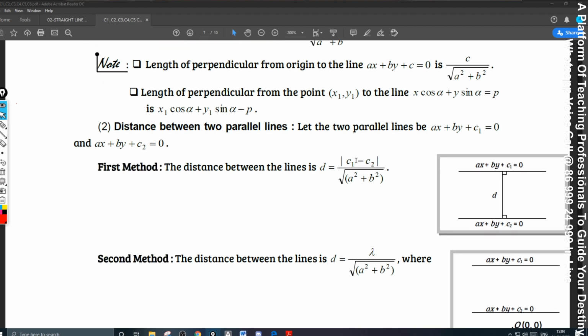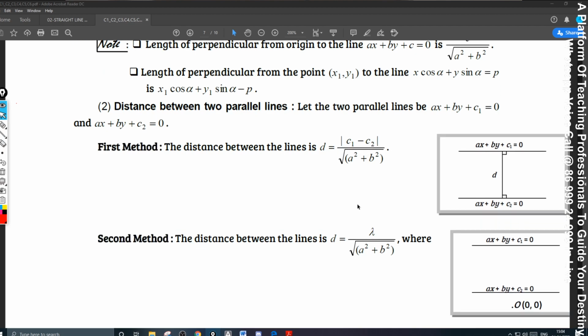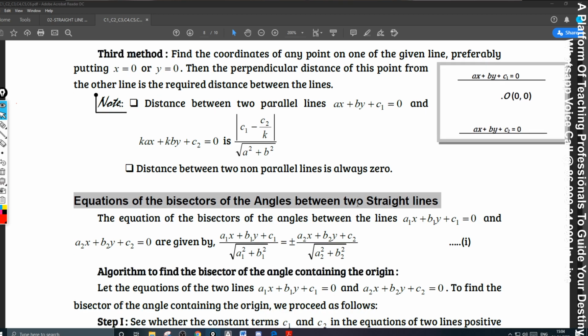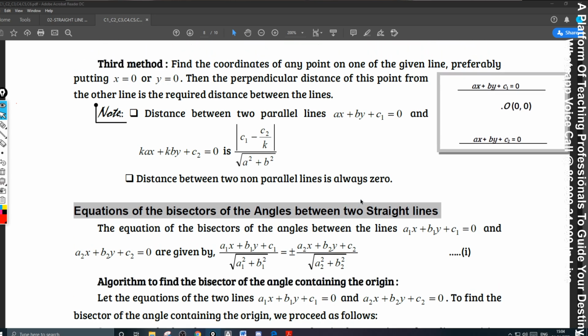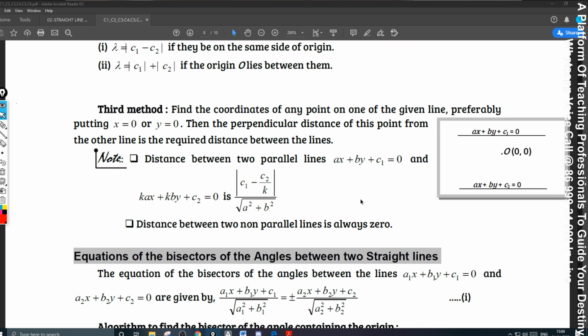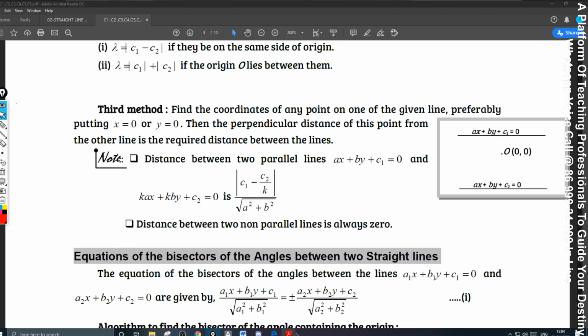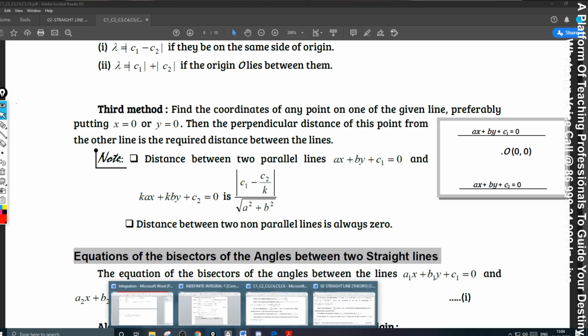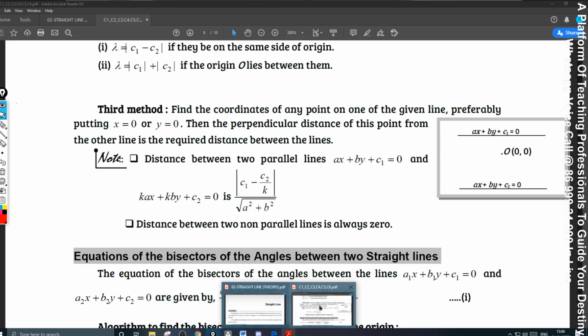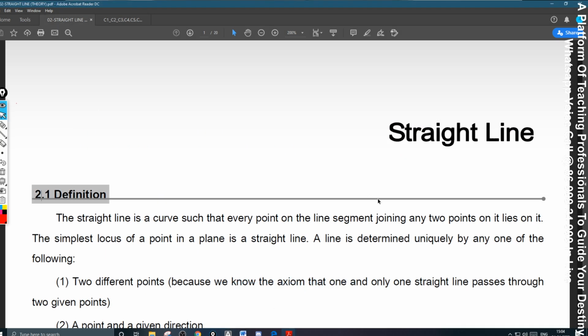Distance between parallel lines is modulus of c1 minus c2 by root over a square plus b square. We are not worried about the derivations there. So next is the equations of the bisectors of the angles between two straight lines. We'll be doing that, but before that, we will work out some problems on this.